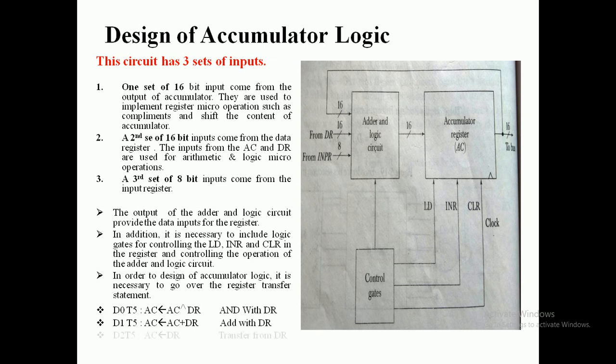In the third, it directly transfers the content of the data register into the accumulator. In all the statements, the content of the accumulator is replaced after the operation. So this is the basic design of accumulator logic.